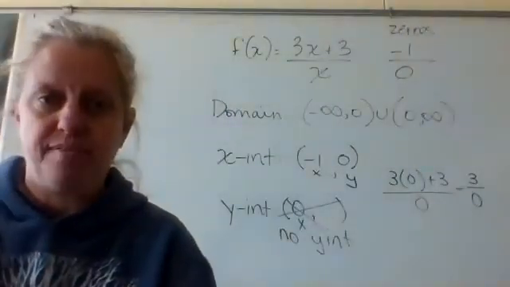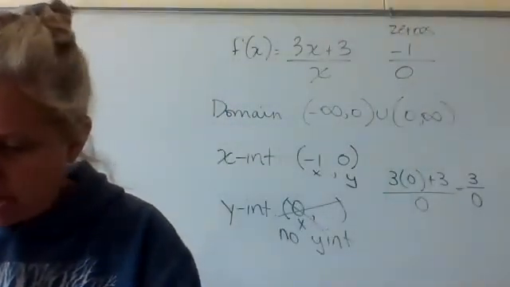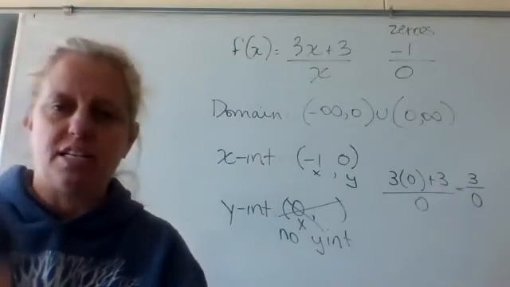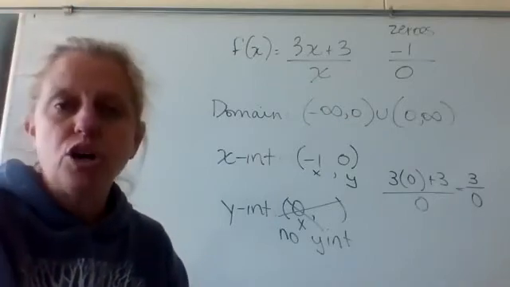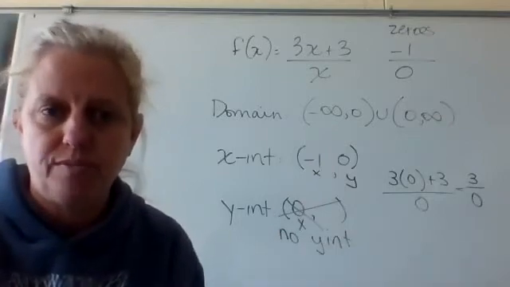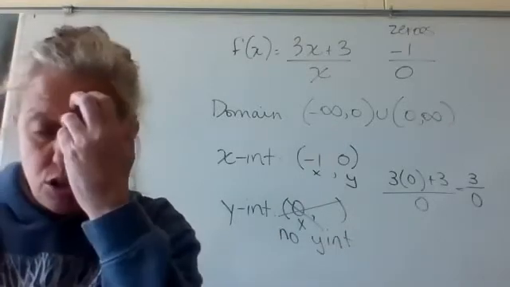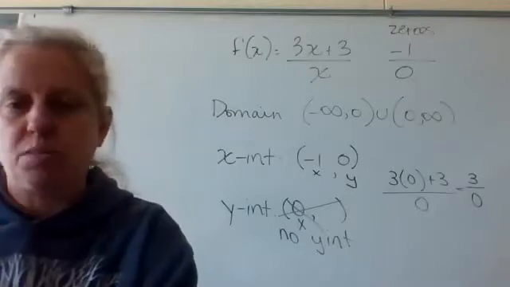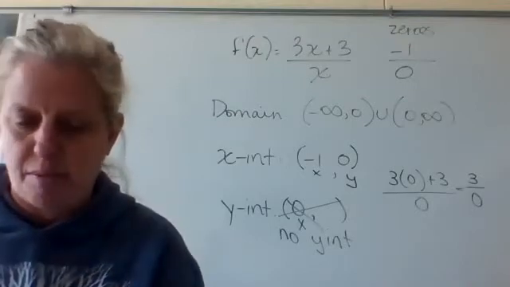Now, if I did want to double check that, because it's hard to tell on B, it does look like it doesn't cross through with the negative, but you could find the horizontal and vertical asymptotes of this one. We're going to do so on the next ones. It's going to ask me all of it, so you'll see what I'm talking about.